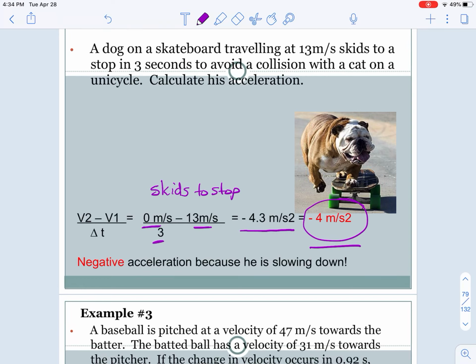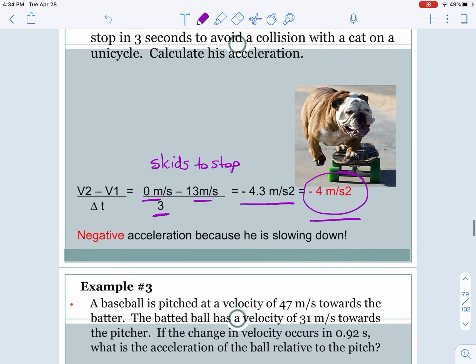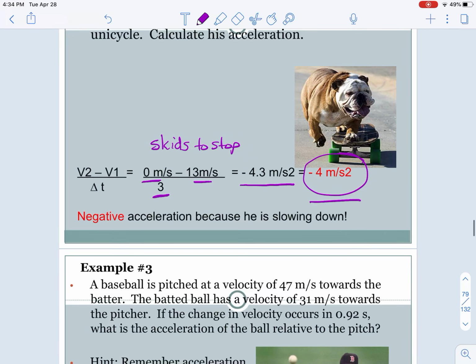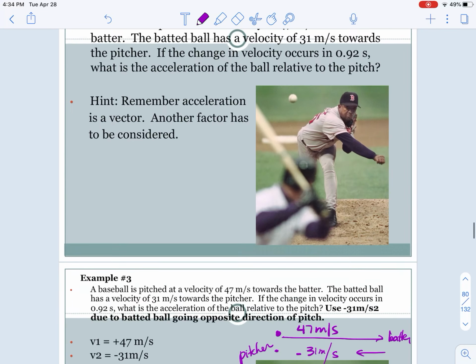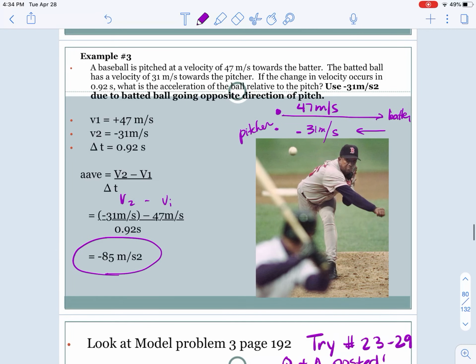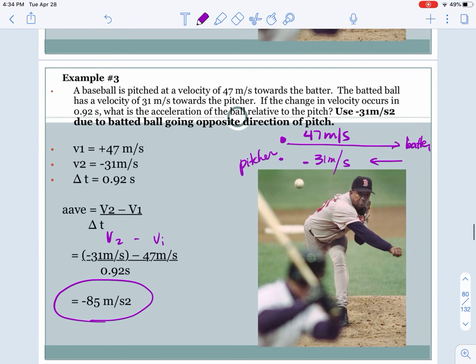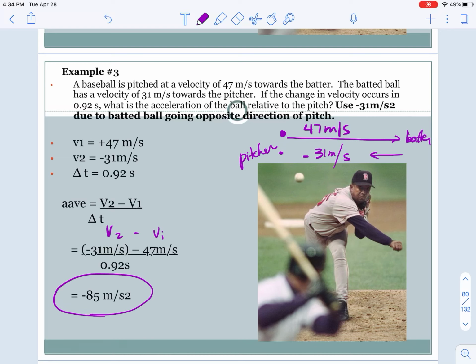It just means that he was decelerating or slowing down. So your answer will be minus 4 meters per second squared. We use 1 sig dig because 3 is just 1 sig dig. If it was 3.0, then you could use the 4.3. But I'm just pointing out that if it was moving and stopped, he's decelerating. So that's going to show up as a negative value.